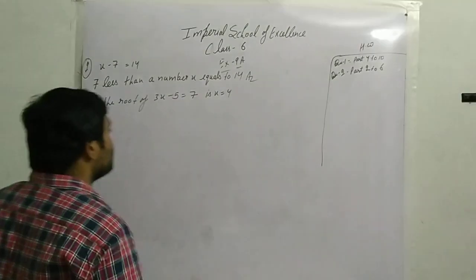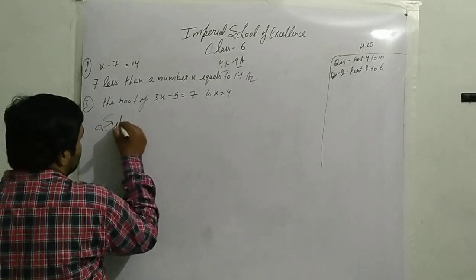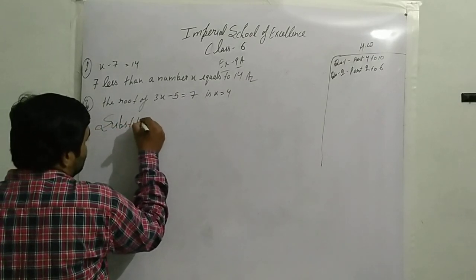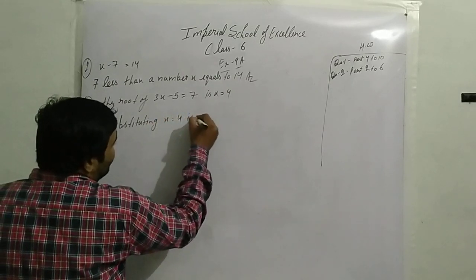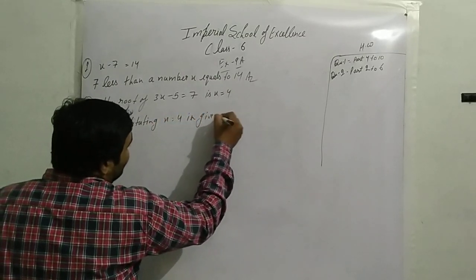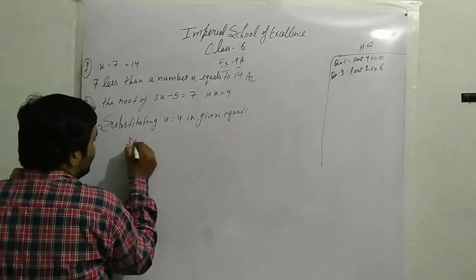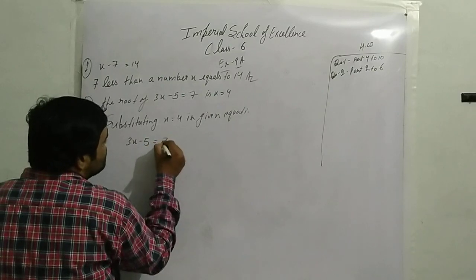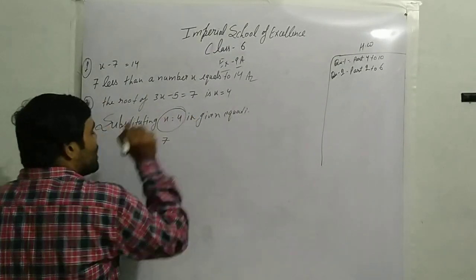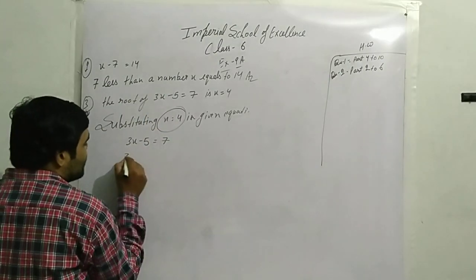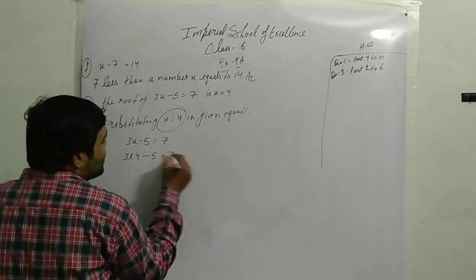Substituting x equals 4 in the given equation, 3x minus 5 equals 7. Instead of x we will put 4. 3 into 4 minus 5 equals 7.